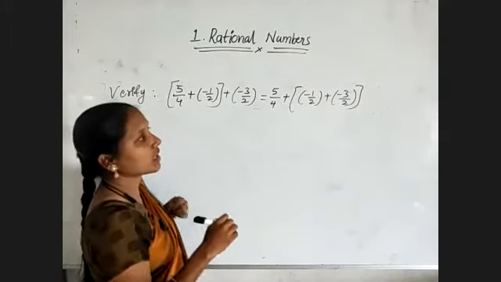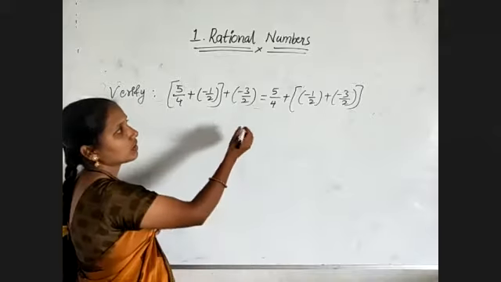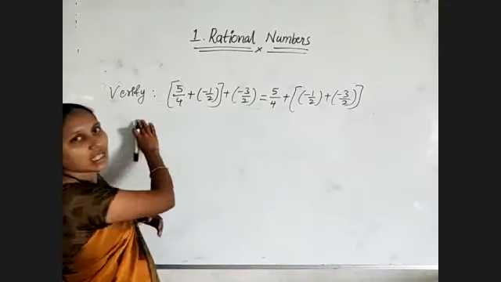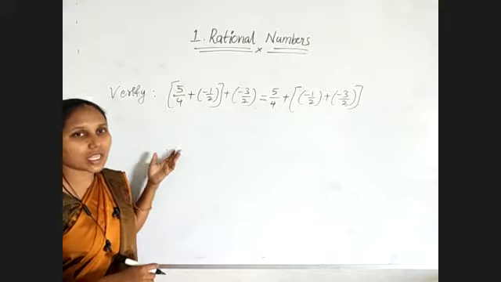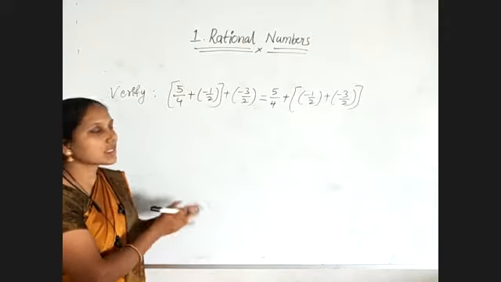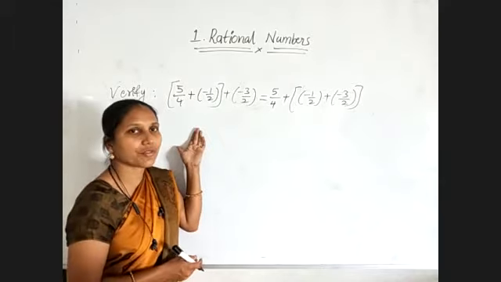So just observe here. Verification is nothing but checking whether it is correct or not. So for that we need to take LHS and RHS. You have done this type of question in your 7th class also, verification.